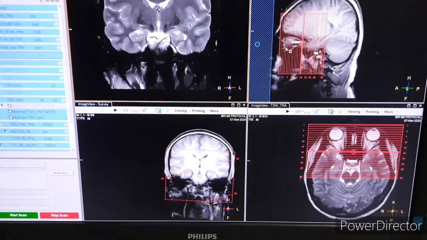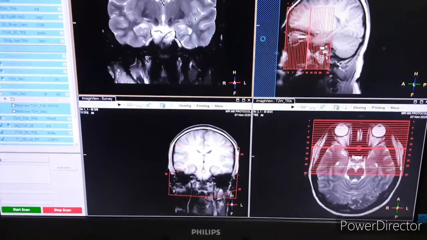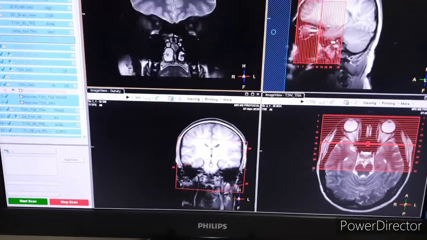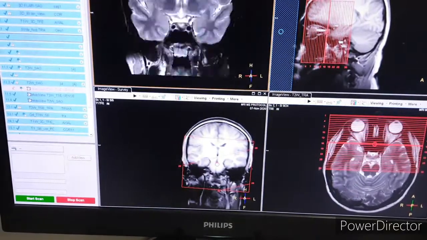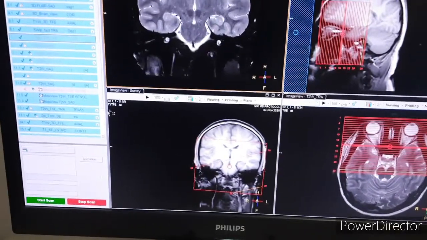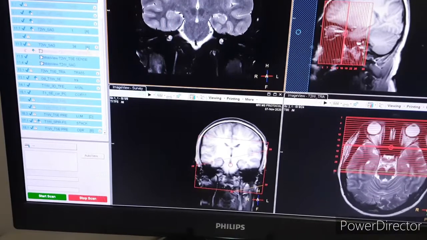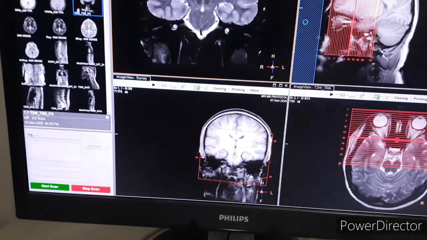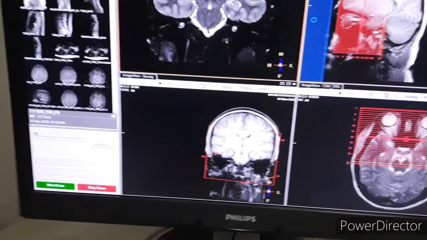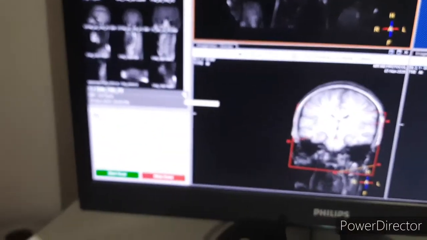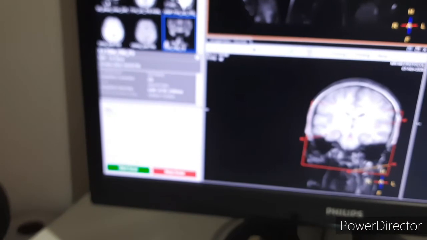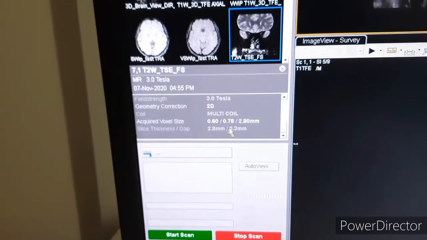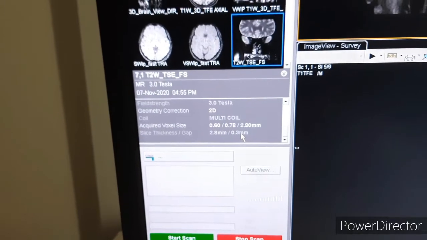Make sure you cover the optic globe and optic chiasm. Slice thickness for this particular sequence is 2.8 millimeter and the gap is 0.3 millimeter.